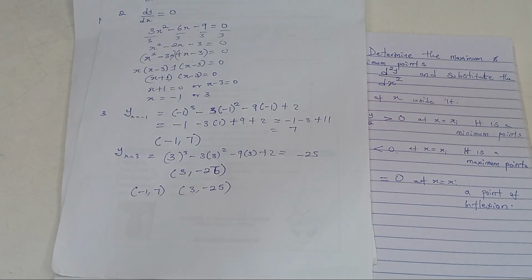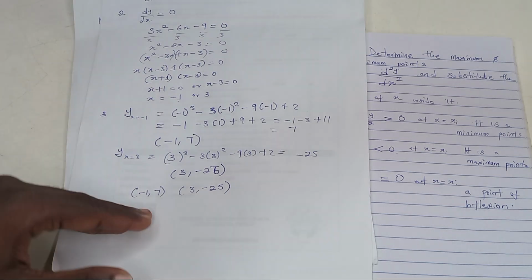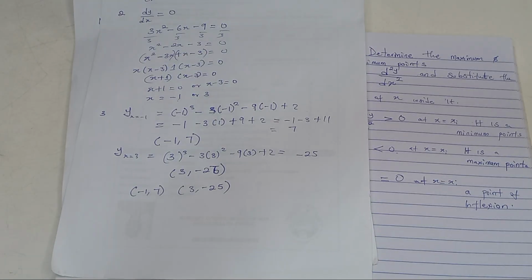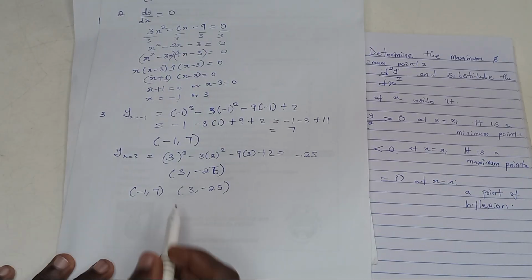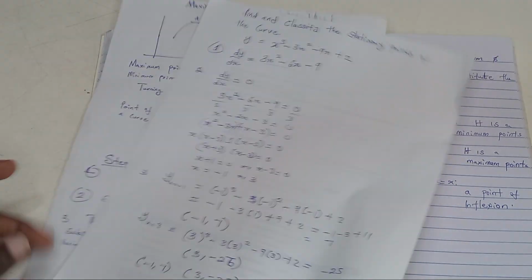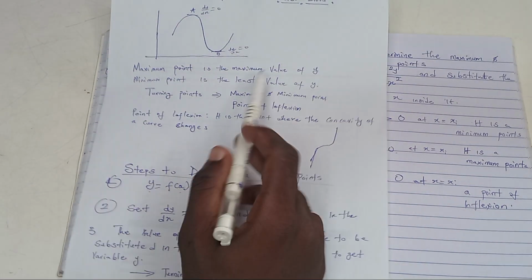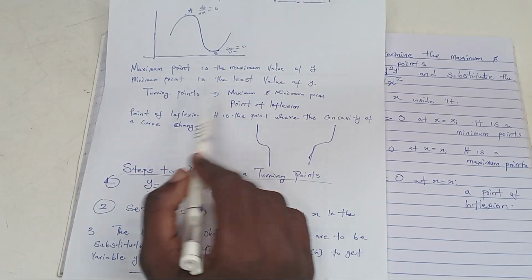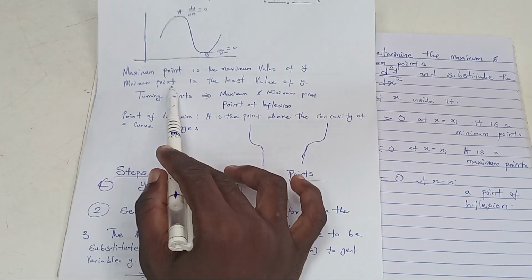So which is our maximum, which is our minimum? Good. At this point, I can actually get my maximum by just knowing the definition of maximum point I gave you. I told you clearly that the maximum point is the maximum value of y, and the minimum point is the least value of y.